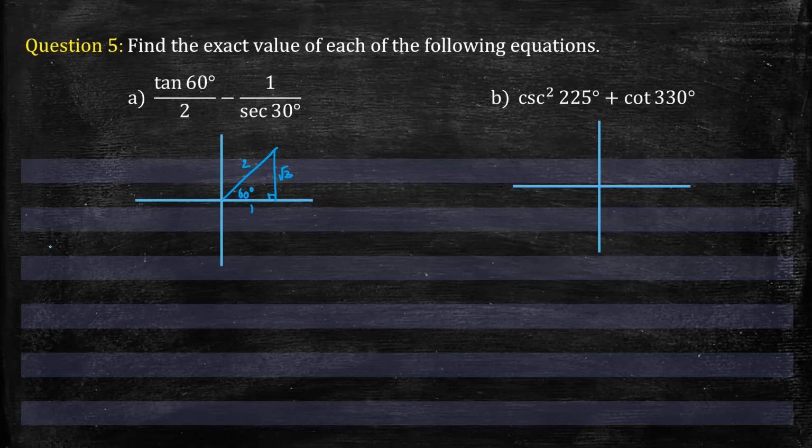And from that, we can get tan 60. And we know tan 60 is opposite on adjacent. So that's √3 on 1, which is equal to √3. In the original question, it's got tan 60 divided by 2. So that's going to become root 3 divided by 2 minus this second part.